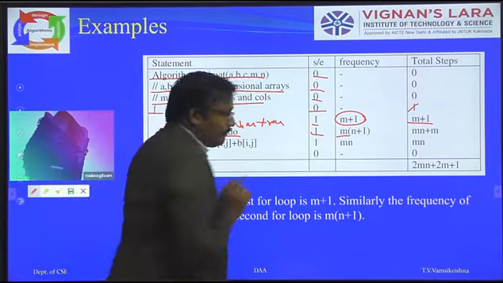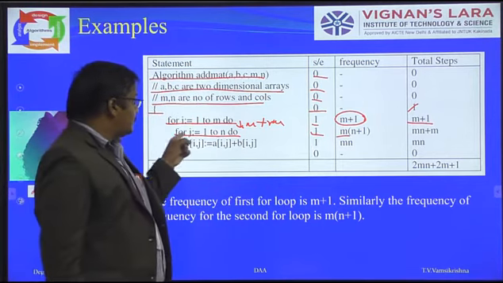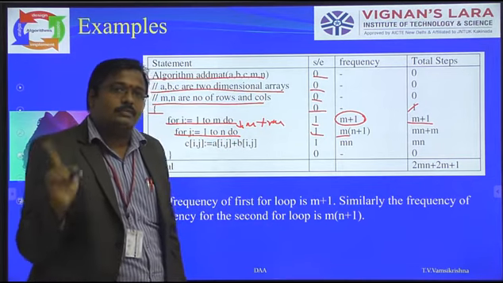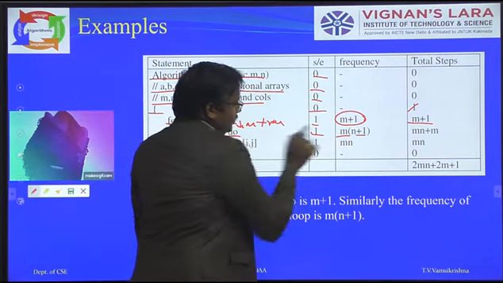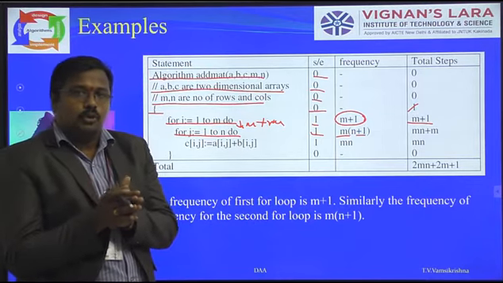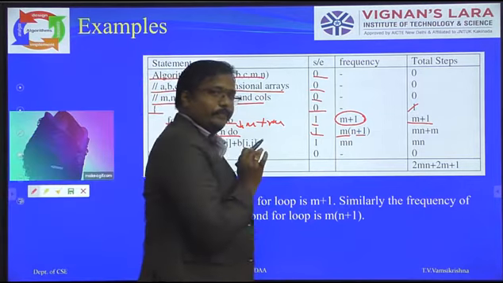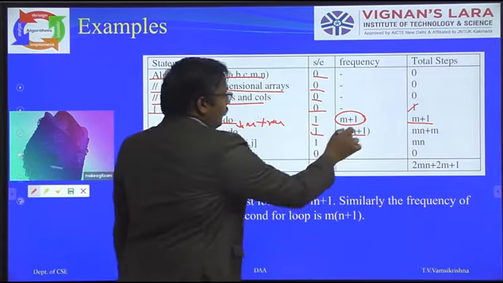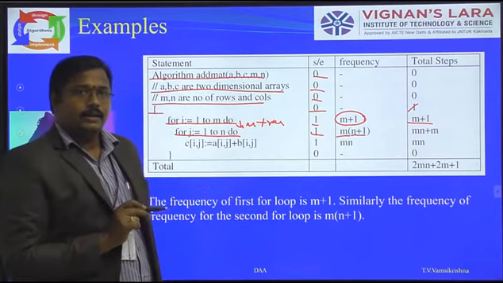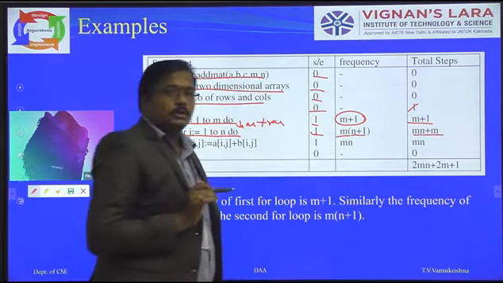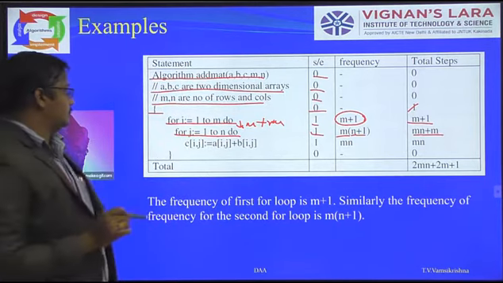But the inner for loop is true n times and false 1 time, that's why n plus 1. The outer loop's true cases are m, and the inner loop is true n times and false 1 time, that's why m into n plus 1. So totally mn plus m.